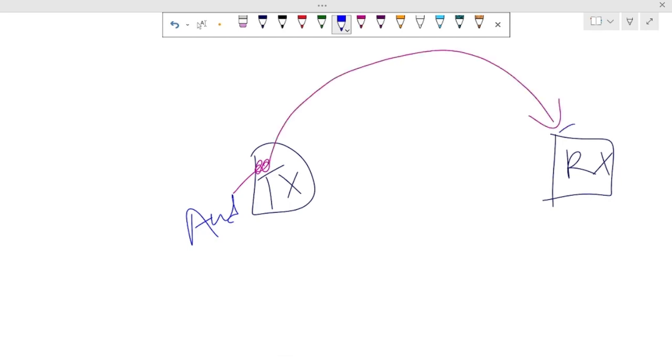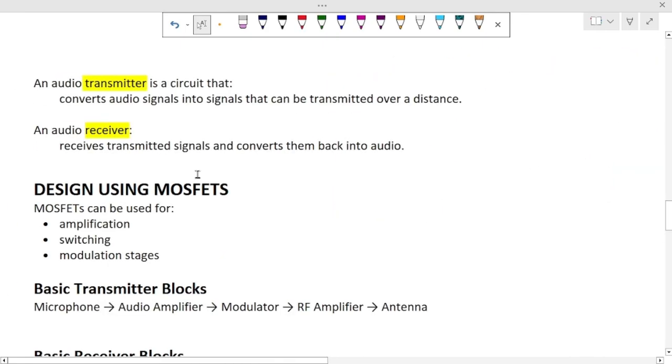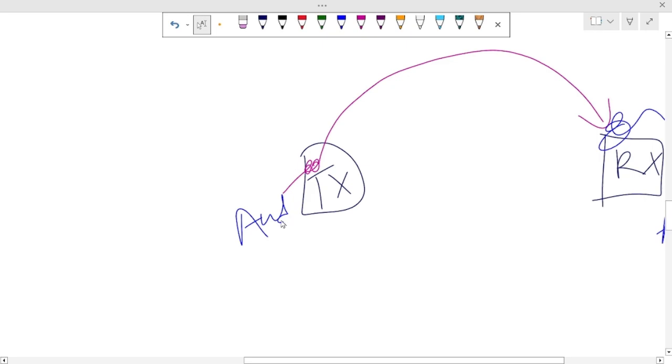The receiver converts it back to audio. Are we together? So transmitter, receiver. Now, transmitter and receiver design using MOSFET, that's A. Transmitter and receiver design using another component, that's B. So we'll now compare the two of them.